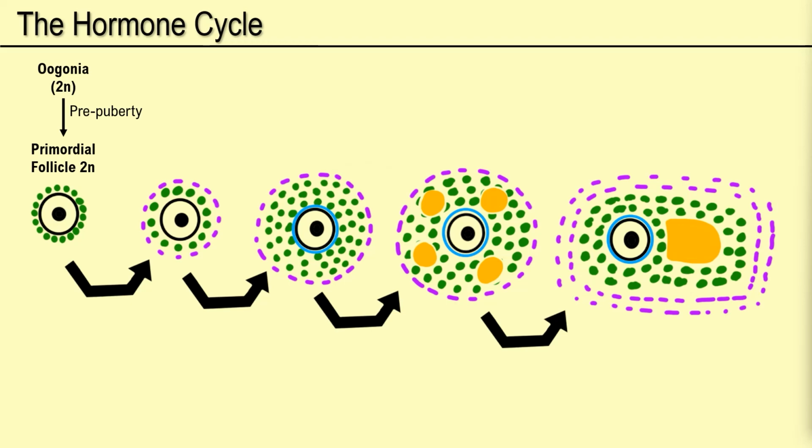In the first few weeks of embryonic development, these stem cells begin to proliferate and differentiate into primordial follicles, again with all 46 chromosomes as represented by 2N. This differentiation is then arrested until the child begins puberty. Once puberty begins, these primary follicles need to be matured before they can be fertilized, and this happens every menstrual cycle, which is where we will begin the journey.